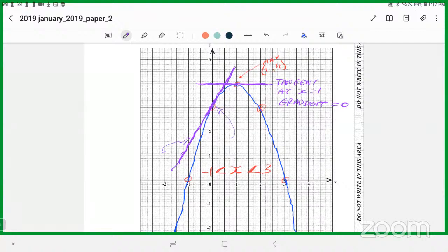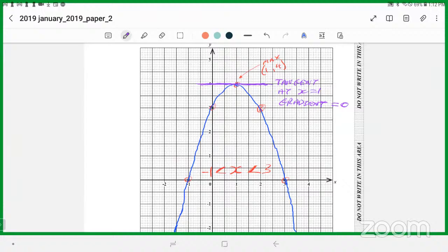After I draw the tangent, I would find another point, like maybe right here, and use these 2 points to calculate the gradient of that tangent, and that will be the gradient of the curve at that point. I know I haven't done this in class as yet. We're going to be doing it sometime soon when we do the topic of rates of change, gradient of curves.